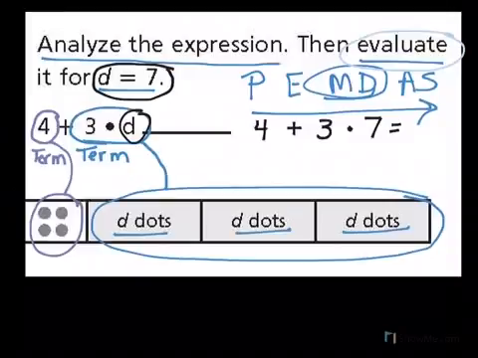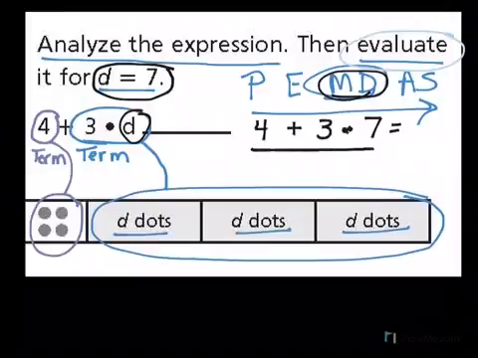Second, I'm going to follow my order of operations from left to right. So I start with parentheses. There are none. I go to exponents. There are none. I go to multiply and divide. So I'm going to start here, left to right. Oops, this should be a times. Okay, and I see 3 times 7.